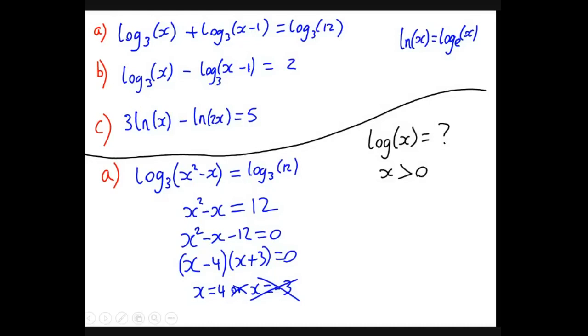Hopefully that makes sense to people. But the take-home message here is when you put something into a log function, the value has to be greater than 0. Given that we're dealing with real numbers, you have to go negative. No, oh gosh, no. You have to go positive.